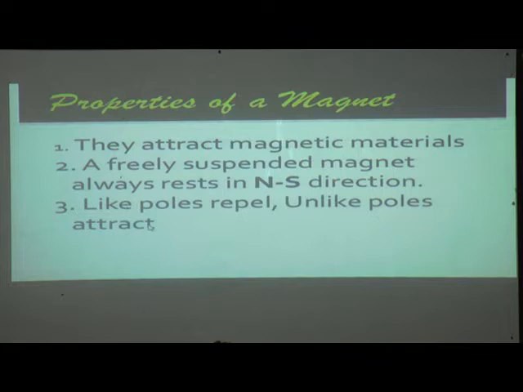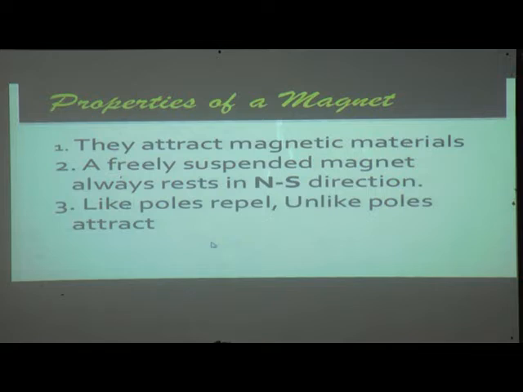And suppose we keep unlike poles. Unlike poles means one end of a magnet is a north and another end of the other magnet is a south. So that is why these are unlike poles. So these are going to attract each other.